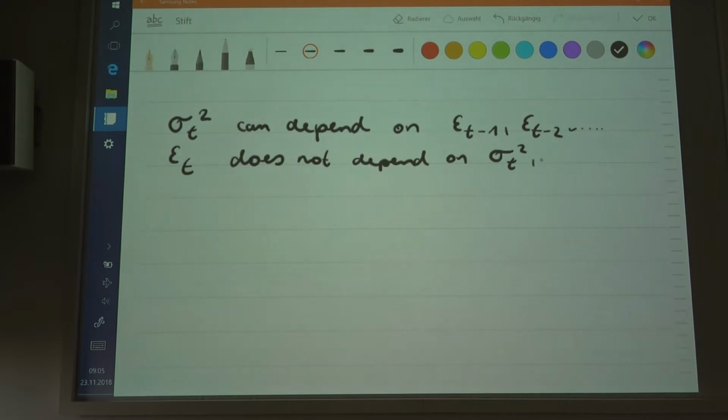So the noise itself does not depend on the current value of the process nor on its past, regarding the stochastic variance. But on the other hand, the variance process can depend on the past of the noise. That is allowed. And of course, epsilon t and sigma squared t are independent.